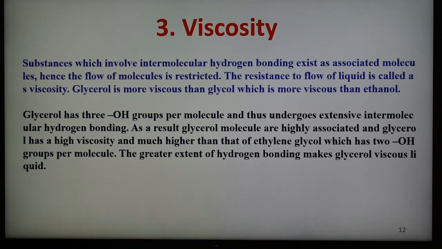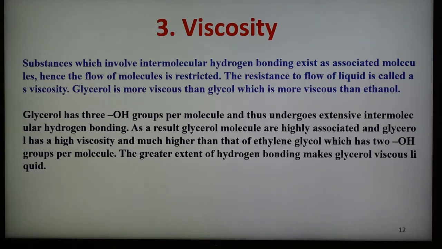Ethanol has one hydroxyl group per molecule, glycol has two hydroxyl groups per molecule, and glycerol has three hydroxyl groups per molecule. Therefore, the extent of hydrogen bonding between glycerol molecules is much more than between ethanol molecules. The greater the extent of hydrogen bonding, the more viscous the liquid, making glycerol a viscous liquid.